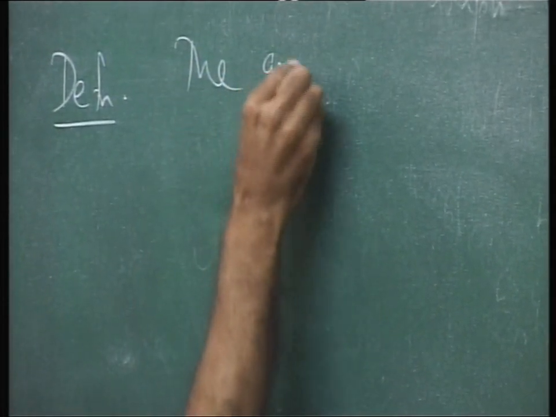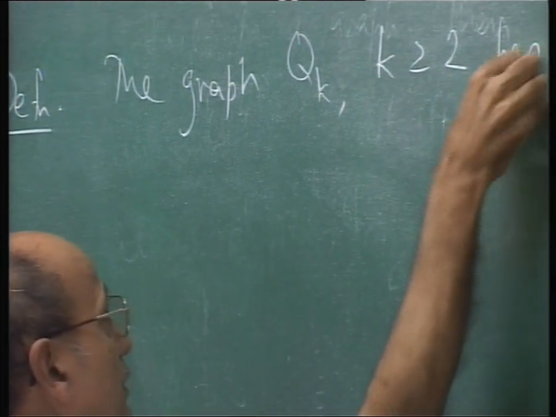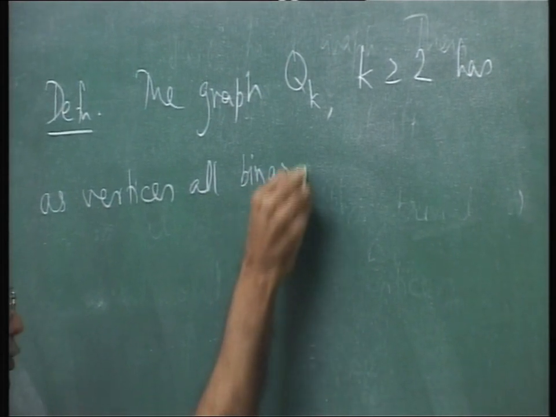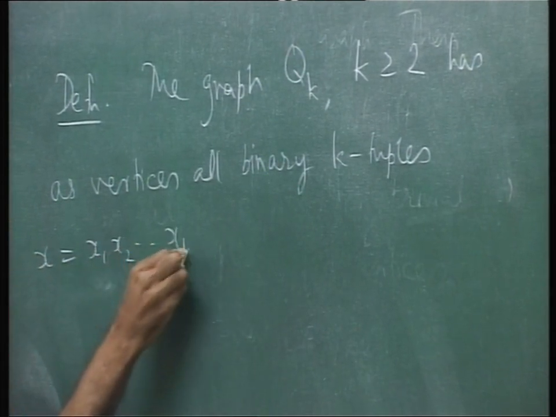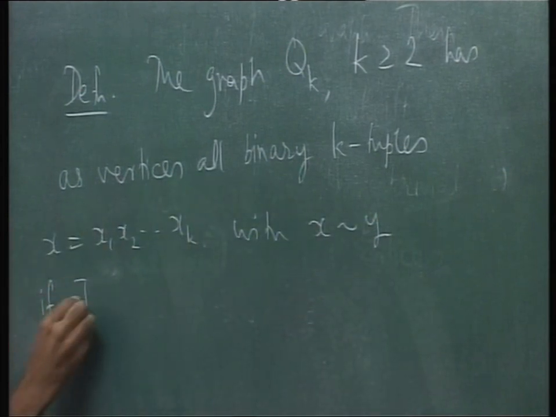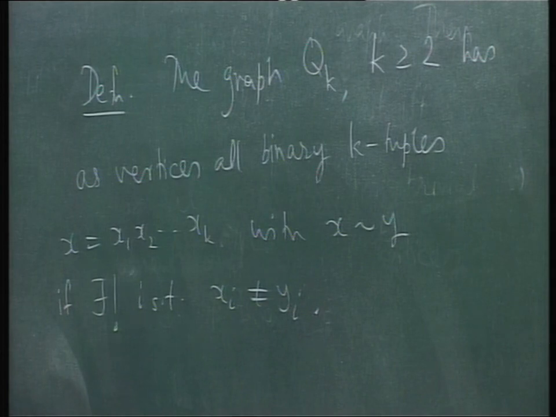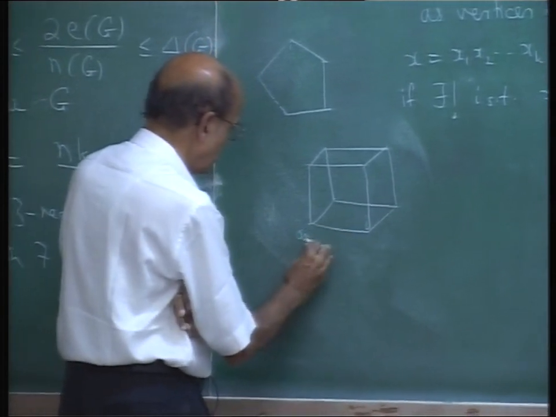The graph Q_k has as vertices all binary k-tuples. Okay, so the usual cube that we looked at is a 3-dimensional cube. Why? 0, 0, 0.